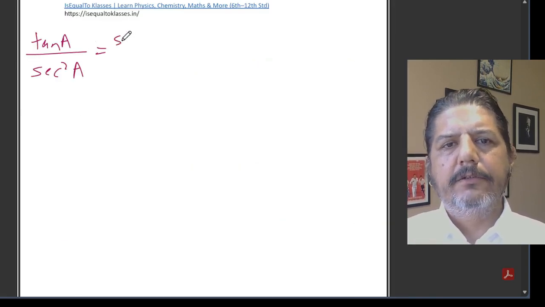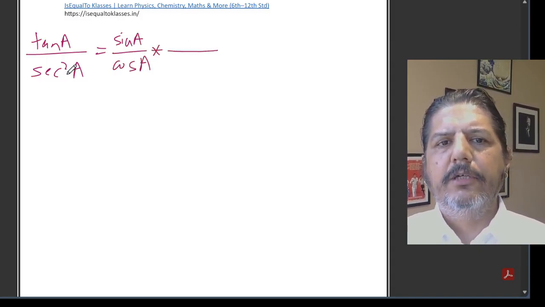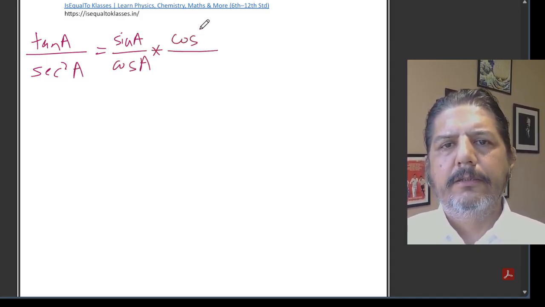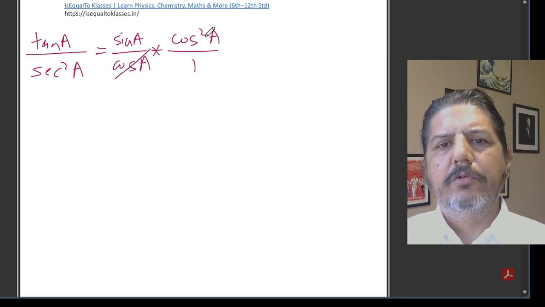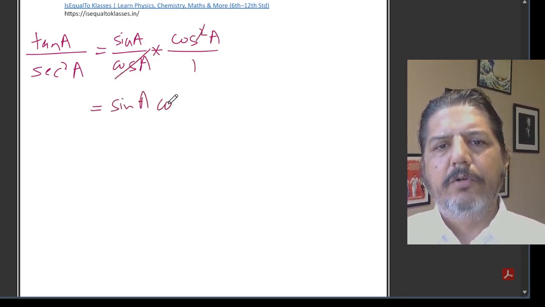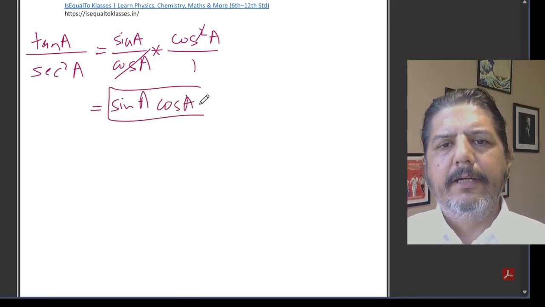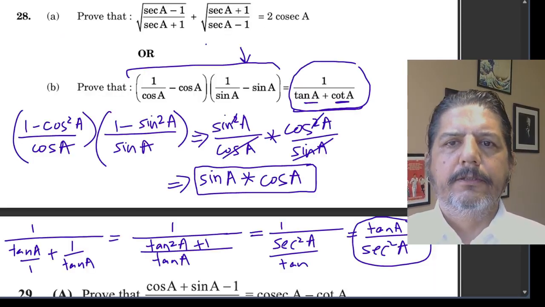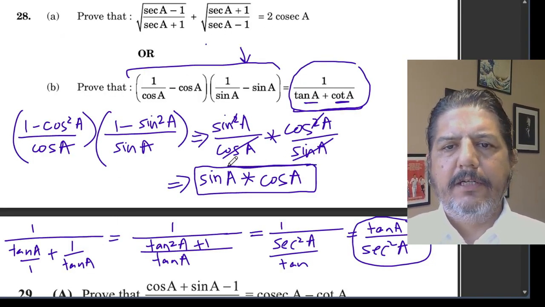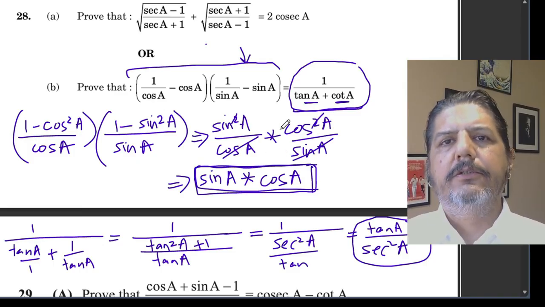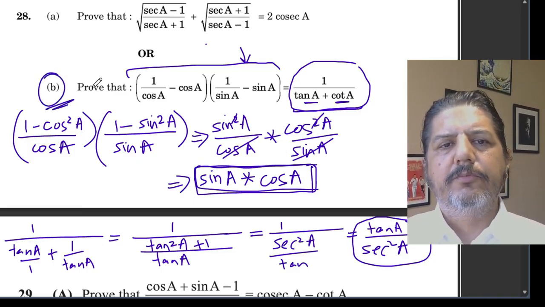If I break this, this will be equal to sin⁴A upon cos⁴A multiplied by 1 upon secant²A, which would be equal to cos²A upon 1. So cos⁴A and this cancels. So this is equal to sin⁴A cos⁴A. So my right hand side is equal to sin⁴A cos⁴A. My left hand side is equal to sin⁴A cos⁴A. Both are equal. Therefore the identity is proved.